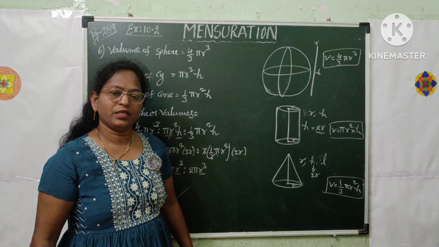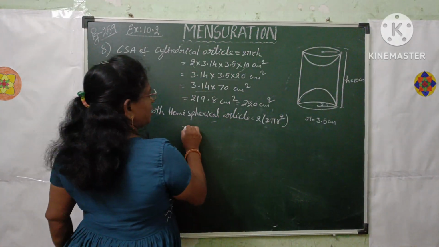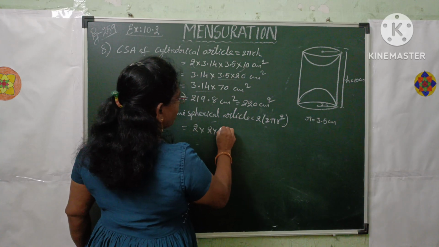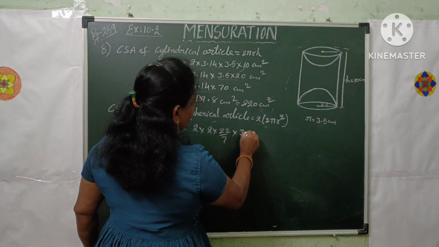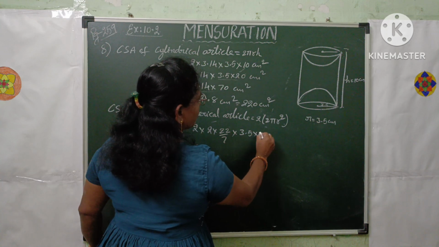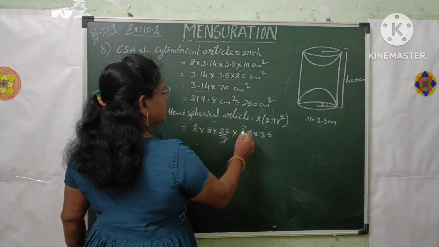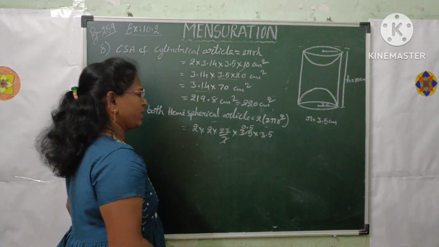Okay, next one. Calculation: 2 into pi value 22 by 7 into r 3.5 into r square, that means 3.5 times 3.5... 2 times, 7 fives are 35, that means 0.5 times.